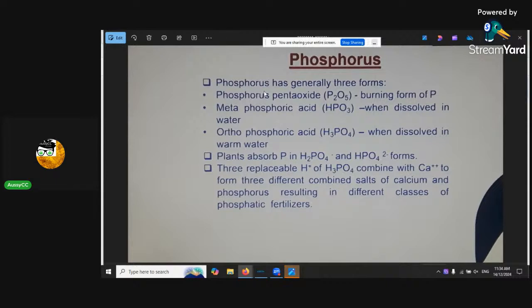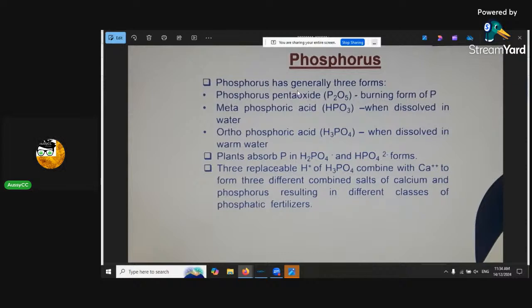Phosphorus. So phosphorus has generally 3 forms, but only one form is really relevant for our plants, because it's to do with the pH. One's really an acidic form and one's a more alkaline form.